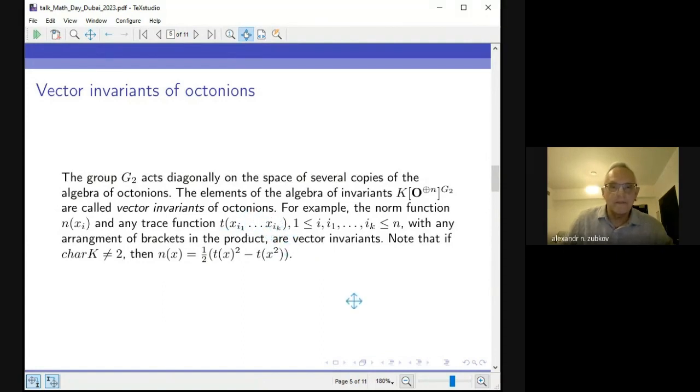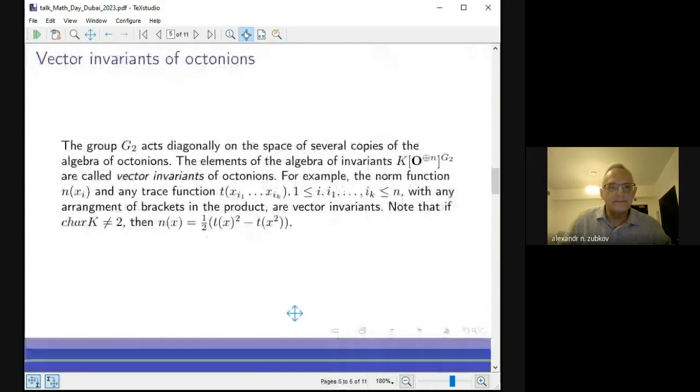For all possible arrangements of brackets, you can define many different trace functions. In what follows, I'm going to omit these brackets.